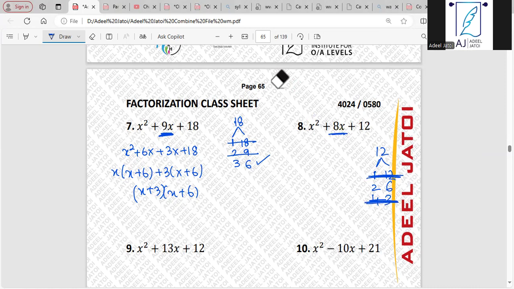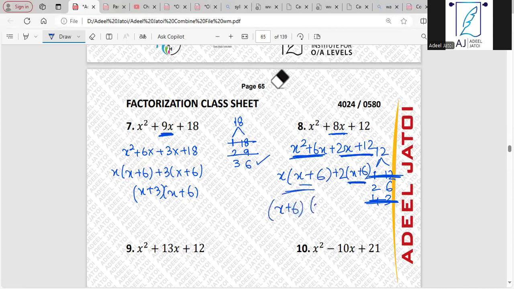Only 6 and 2. So x square plus 6x plus 2x plus 12. We are breaking the middle value. Common from the first two, common from the last two. x is common, because from x square, x is taken out and x remains. From 6x, x is out, so 6 is left. If 2 is common, we are left with x plus 6 again. So x plus 6, x plus 6. x plus 6 is one factor, and x plus 2 becomes the second factor of question number 8.